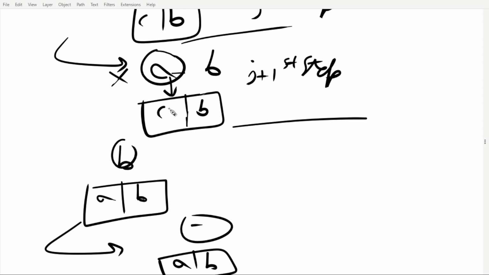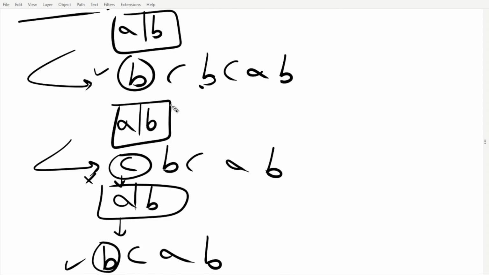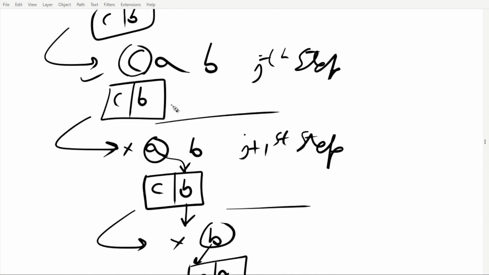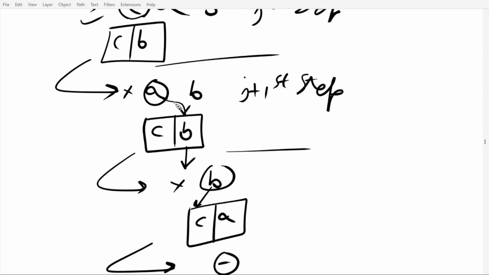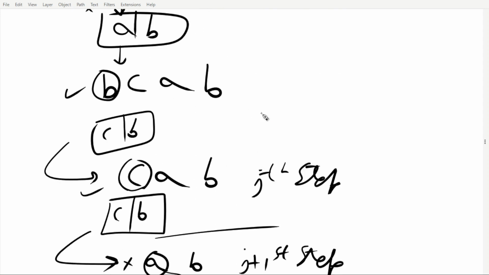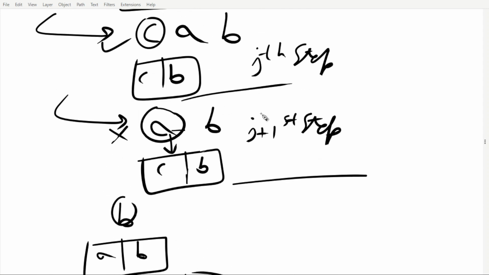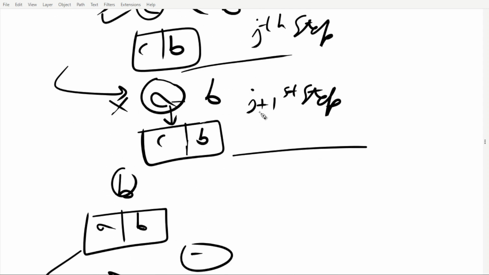So here S evicts F. So B is our F. This is our F. And S prime evicts E. So C is our E.